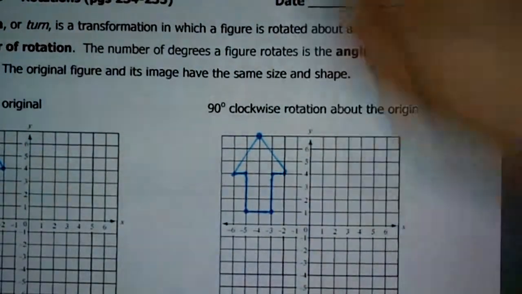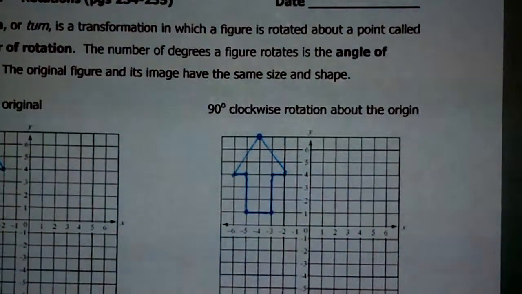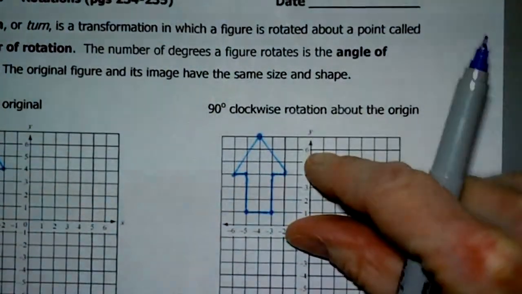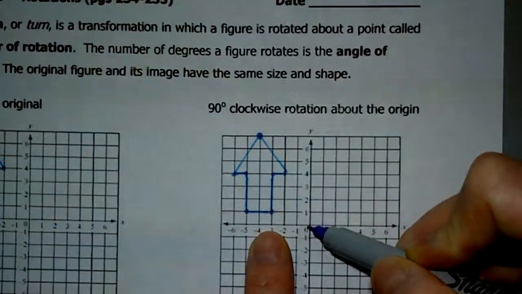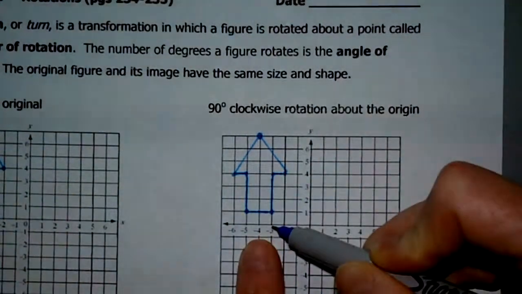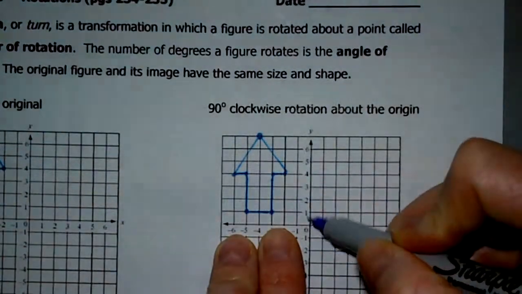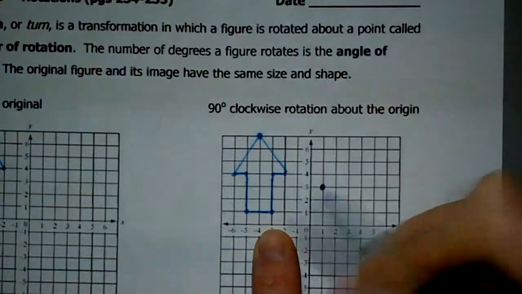If this line is now the same as this line, because we've moved that up to here, then to get from this point, do you see how I have to go over 1, 2, 3, and then over 1? Well, on this axis now, I would go over 1, 2, 3, and then over 1. And that point matches with that one.